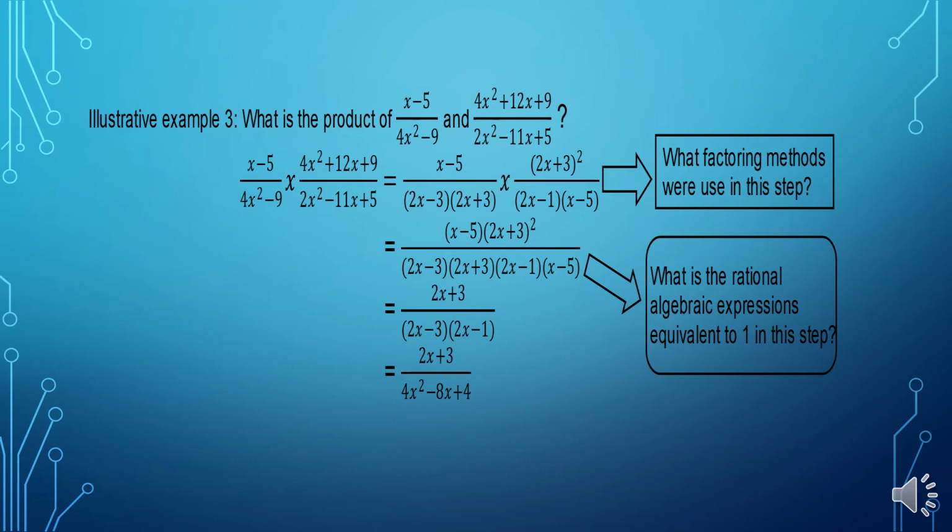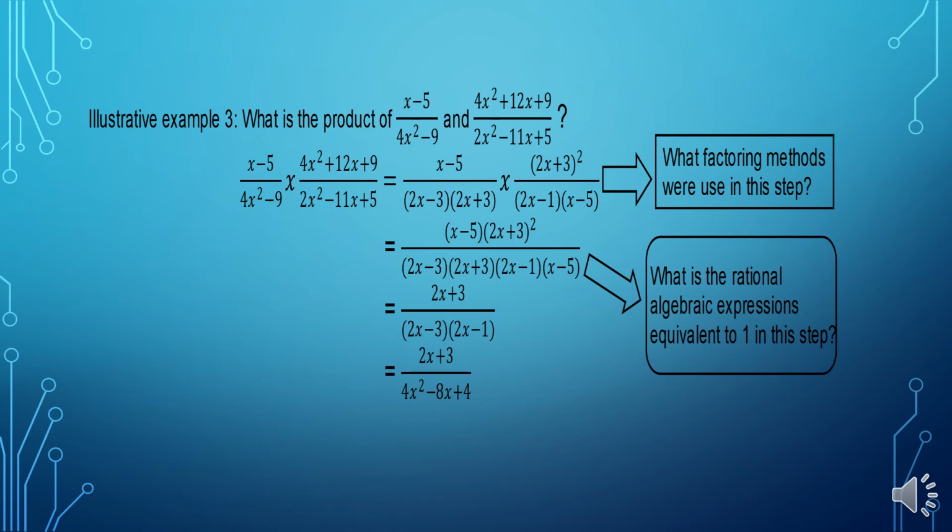We have here some questions on the right side. What factoring methods were used in this step, and what is the rational algebraic expression equivalent to 1 in this step? So same as usual, we are going to simplify each term so that we can have our final answer.